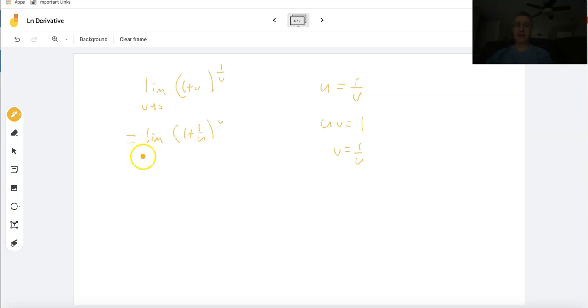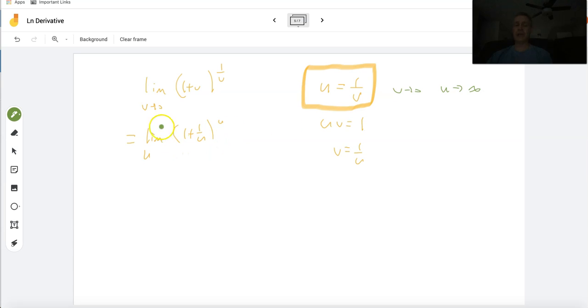And then I have to be careful here. Because v is no longer here, I have to get rid of this v, but I claim that I can't write that u is approaching 0, because if we look at this equality right here, as v is approaching 0, we know that technically that means that u, if we examine what u is going to approach, because it's equality, well, that means that u is going to approach infinity.